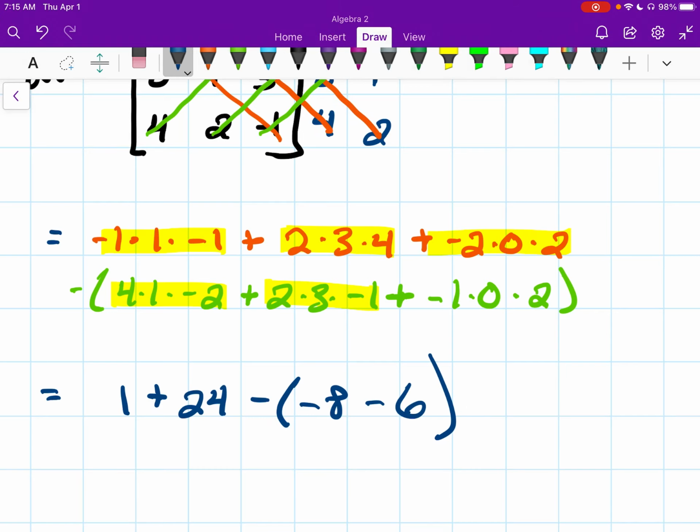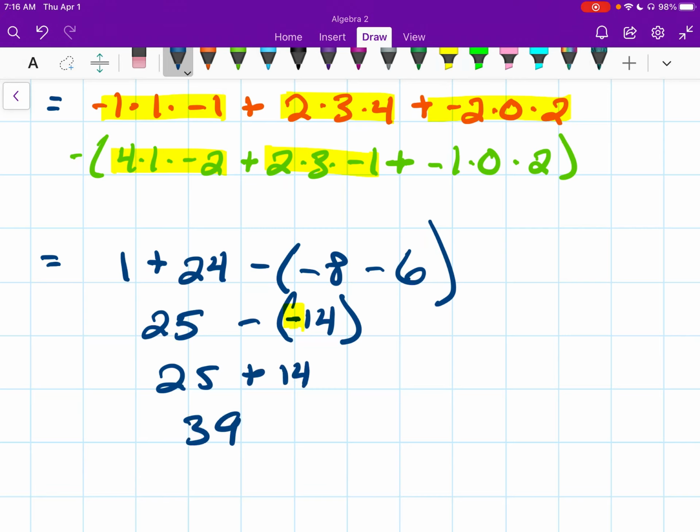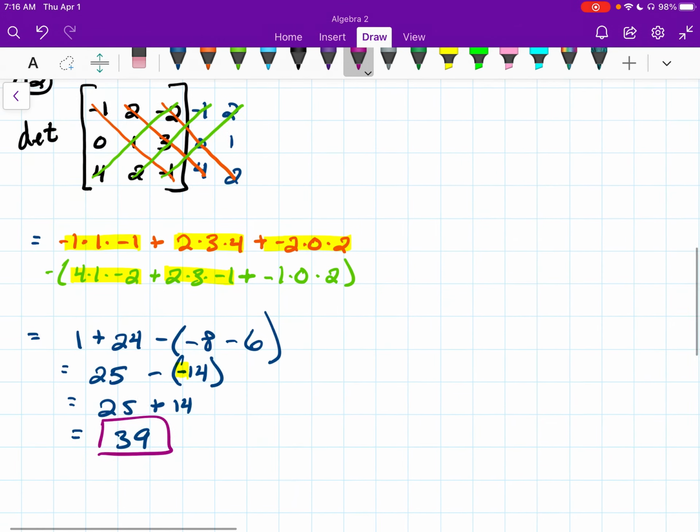So I'll close parenthesis. So we've got 25 minus parenthesis, what is that going to be? 14. So 25 minus 14. Ooh, nope, sorry, I dropped a negative there. There should be a negative right there inside the parentheses. So this will be 25 plus 14, which will be 39. And there we are.